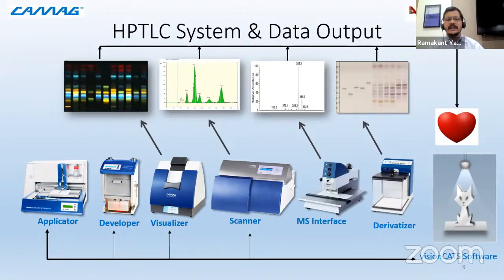Then we can capture the plate images under different illuminations directly through software or through the smart DG or UV cabinet. Then we can scan the plate from 190 to 900 nanometer under any single wavelength as per the lambda max of our compound of interest.